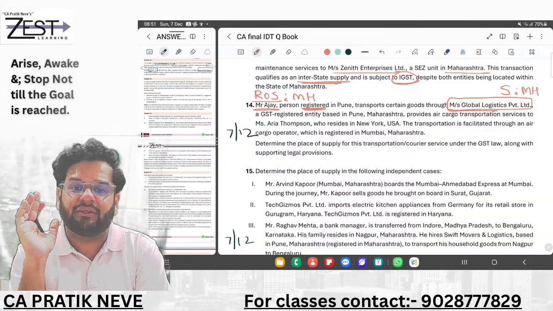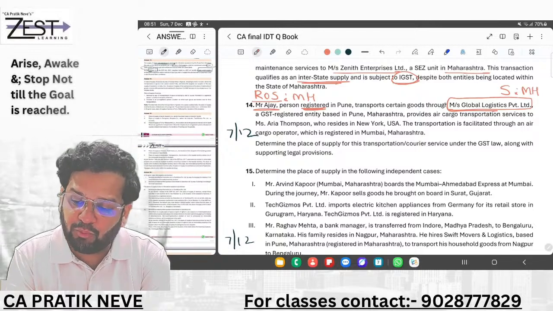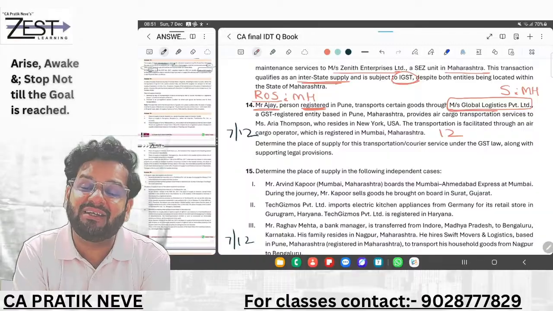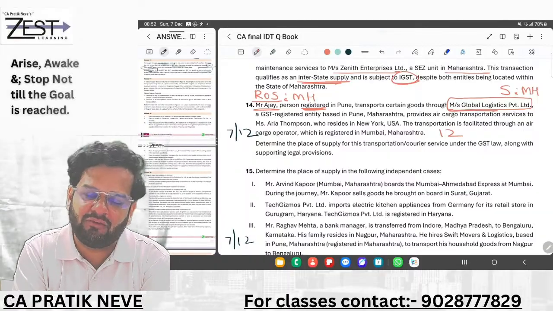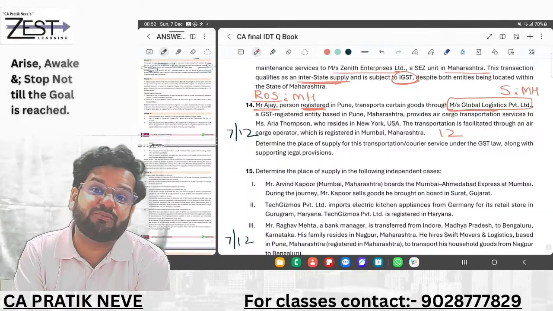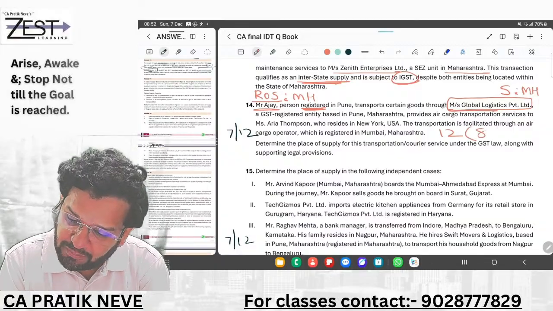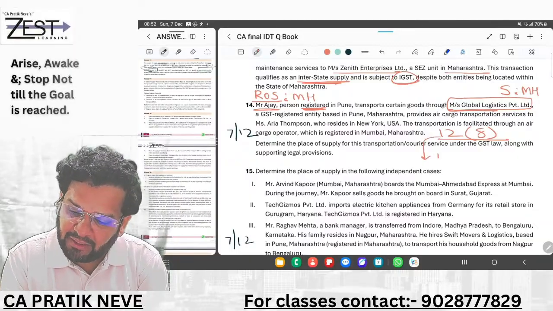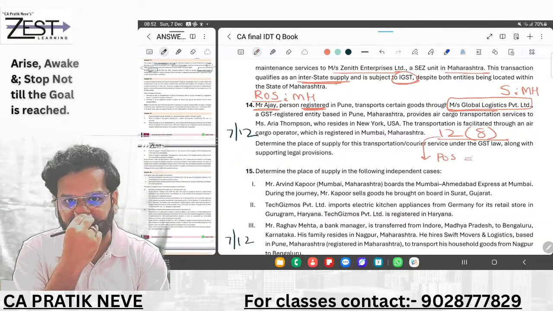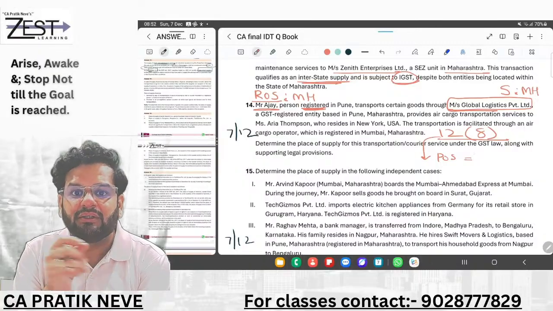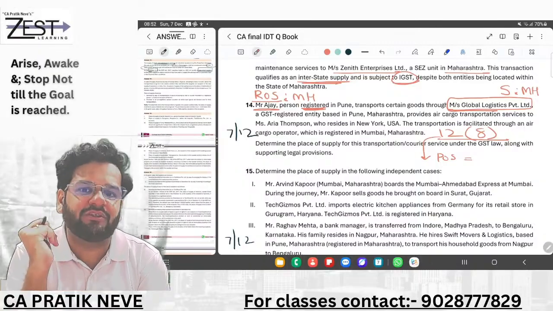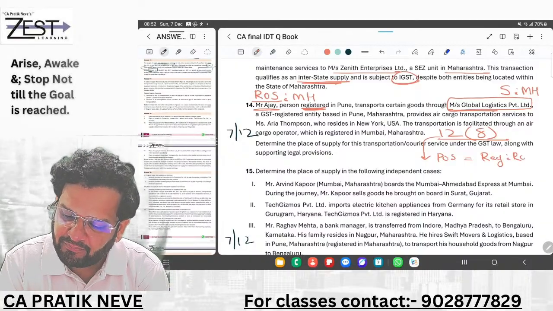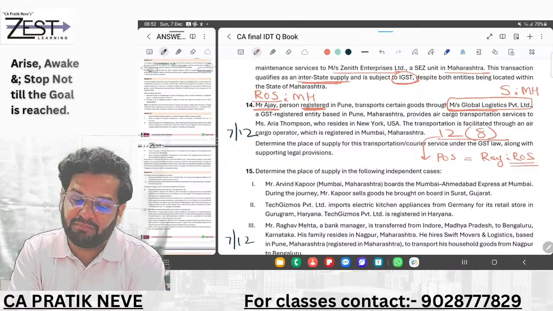So I'll tell you one thing. Whenever we are talking about both supplier and recipient of supply in Maharashtra, which means in India, I will stick to section 12, and it is a goods transportation service. So I will go to subsection 8. As per 12.8, if given to a registered person, the place of supply is the location of the recipient of supply.